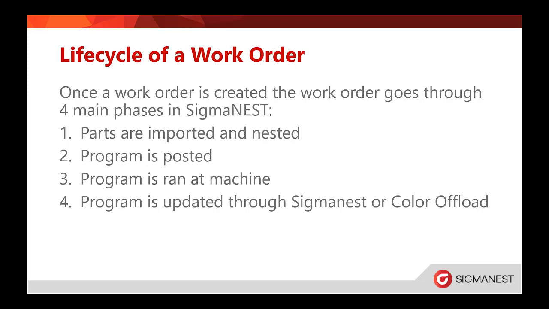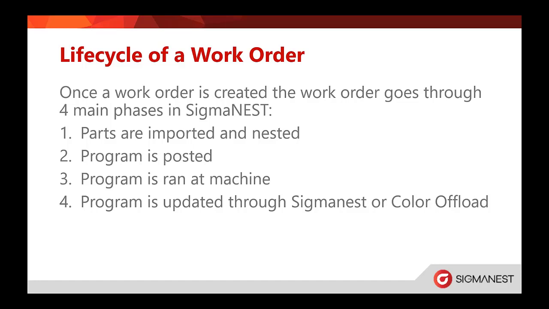Next thing we'll be talking about is the life cycle of a work order. Once a work order is created, so after it's been imported through SimTrans, manually created inside of SigmaNEST, or created from our SigmaMRP software or a SigmaQuote or job, the work order is going to go through four main phases inside of SigmaNEST. So now that it's brought in, the next steps are going to be related to SigmaNEST.